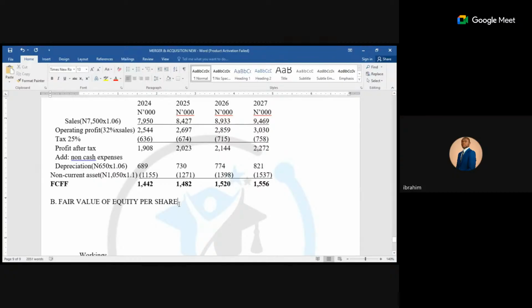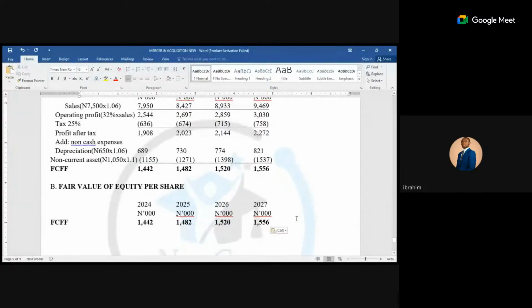But we can't get this fair value of equity per share if we don't discount it with the WACC first. Class, just observe, right? Just see how we want to derive all these things. So this is my free cash flow. You discount it, it's here.